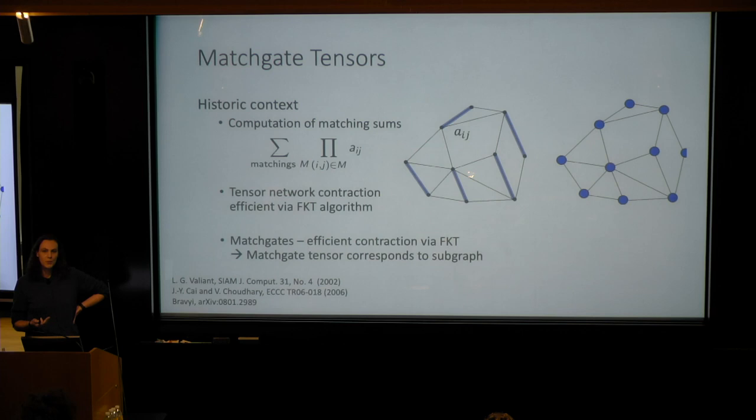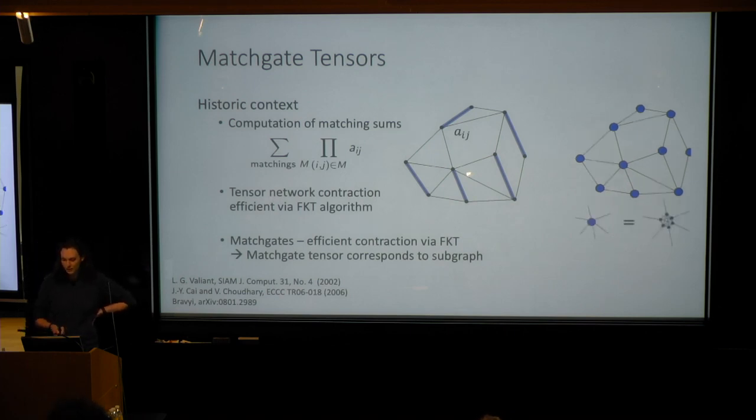So this is basically the definition of a match-gate tensor. It's a slightly implicit definition. This property has then further been studied, and it has been derived quite explicitly how exactly these tensors look, and I will come to a definition in a second.